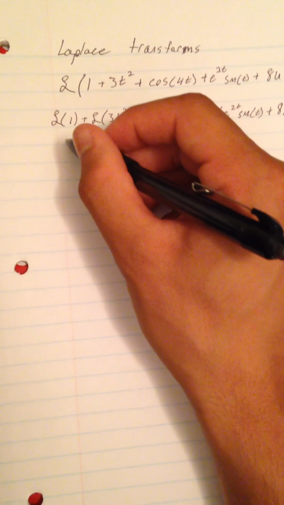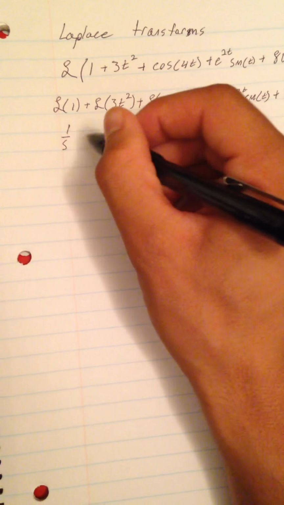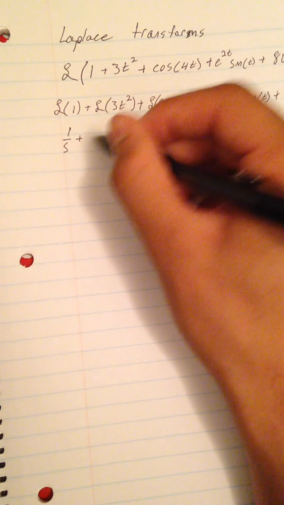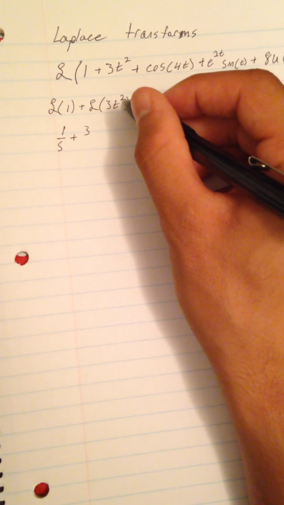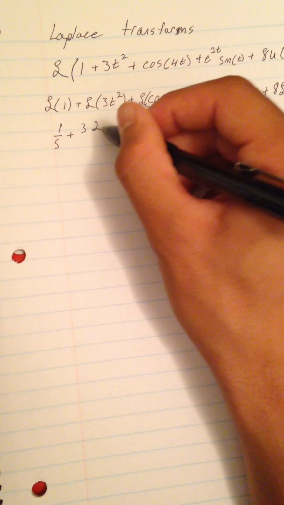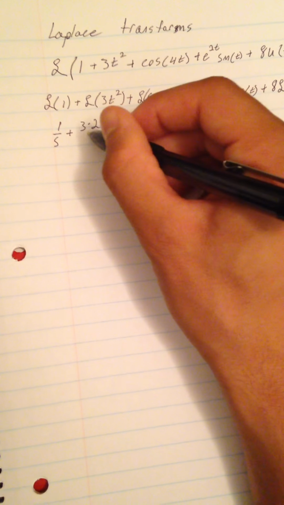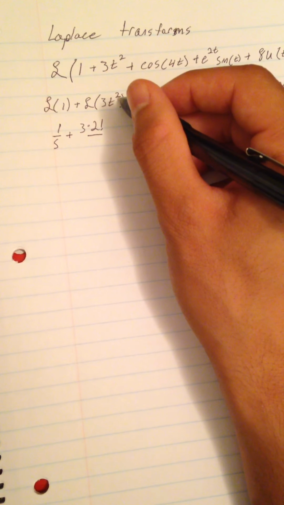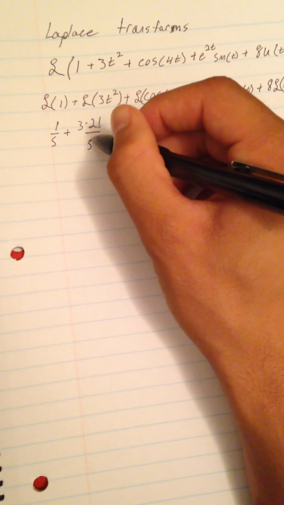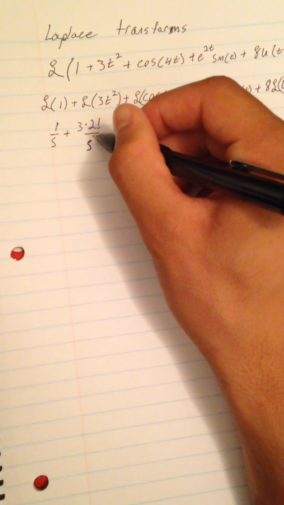So the Laplace of 1 is just 1 over s. Plus, pull the 3 out right now, t squared is going to be whatever this number up here, factorial over s to the n plus 1, so it's going to be s cubed.